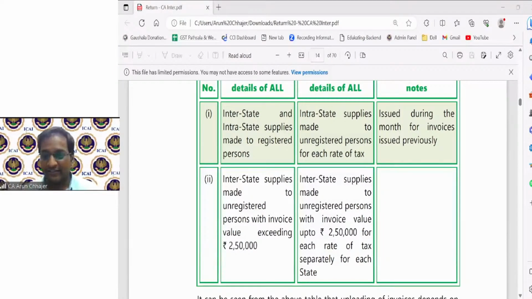So we were discussing, what is the time of supply in case of the reverse charge for service?